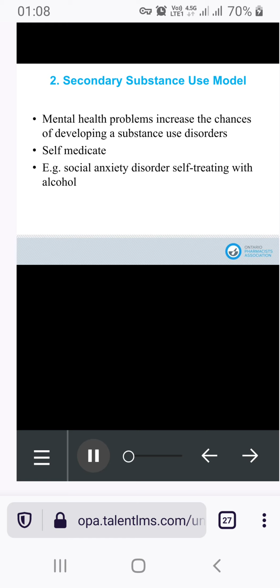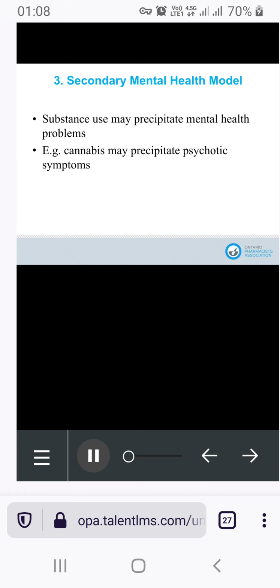Secondary substance use model: mental health problems increase the chance of developing a substance use disorder through self-medication, for example, social anxiety disorder, self-treating with alcohol. Secondary mental health model: substance use may precipitate mental health problems, for example, cannabis may precipitate psychotic symptoms.